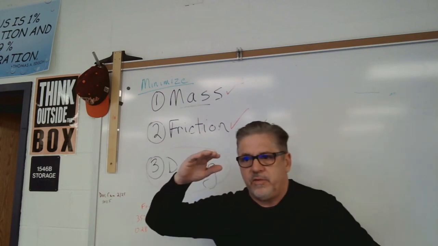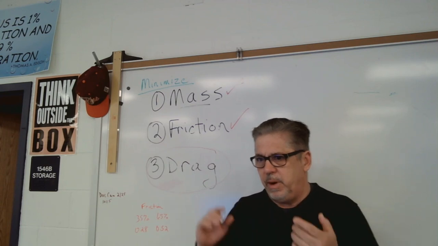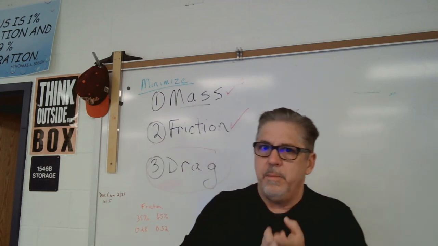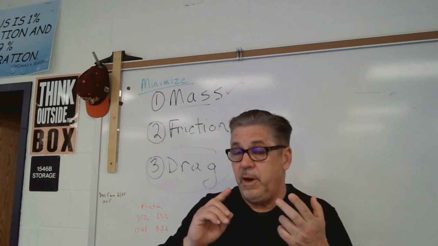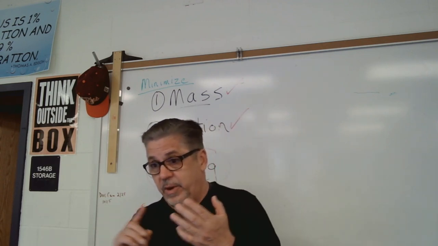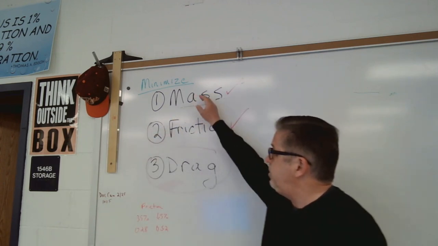And the Whitebox research section was broken up like that too. Remember, we had a mass worksheet. We had motion as well, but we had a mass worksheet. We had a friction worksheet. We had a drag, I think that was a quiz. But these are the main three areas.